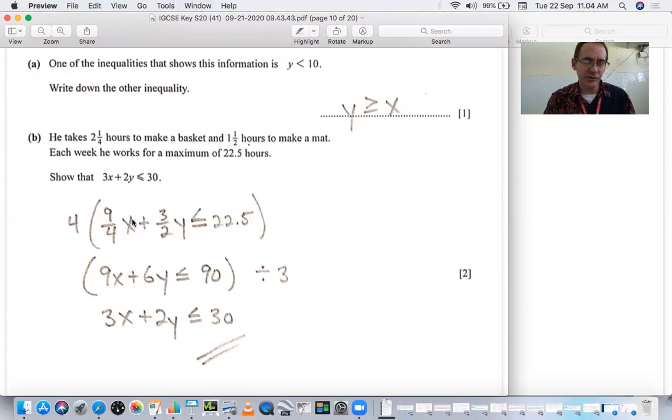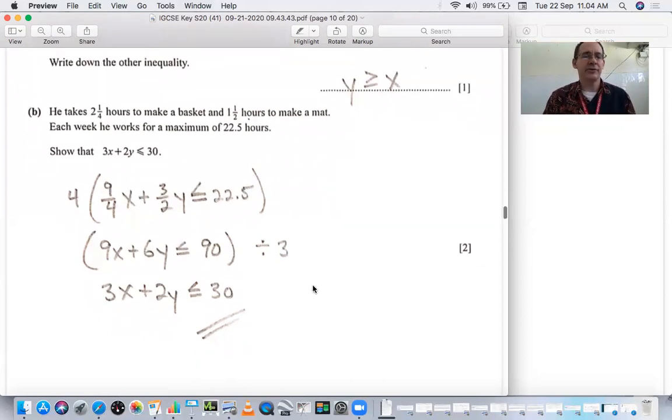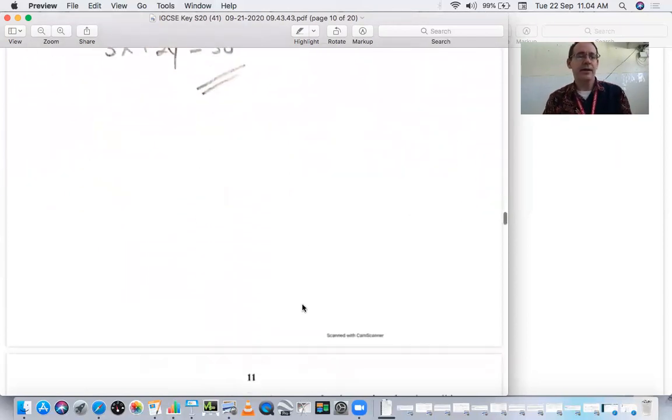That means his total number of hours has to be less than or equal to, he cannot go over, that would be the max, 22.5. Show that 3x plus 2y is less than or equal to 30. Well, all we need to do is clear out our fractions, multiply everything by 4. That gives us 9x plus 6y is less than or equal to 90. Hopefully you can see that all of these can be divided by 3 to get the simplified equation there, 3x plus 2y less than or equal to 30.